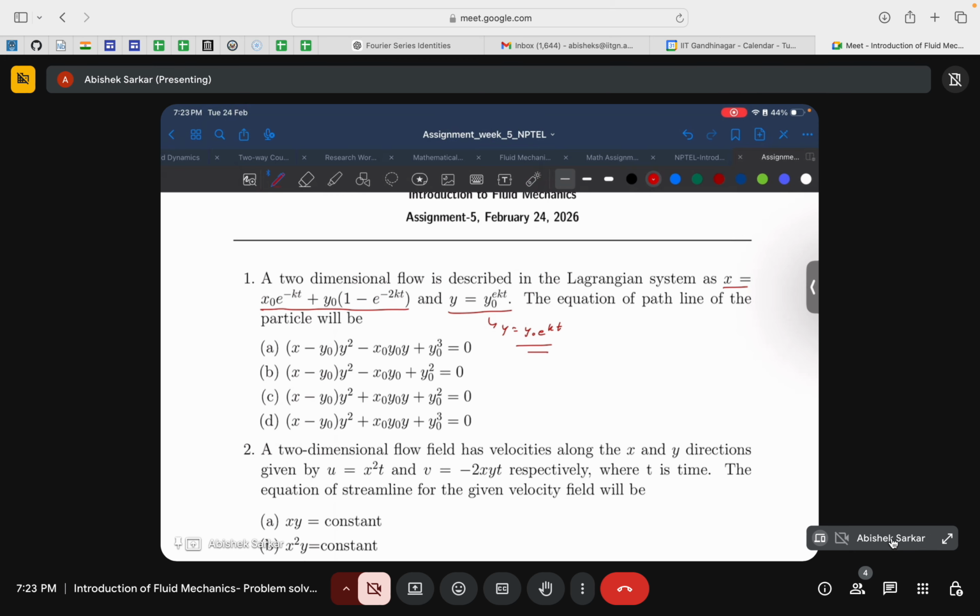But it might get a bit more complicated, so to avoid that, you can just do an option elimination method, and I think it will be easy. I do not think it is very tough. One more minute, then we will see the answer.